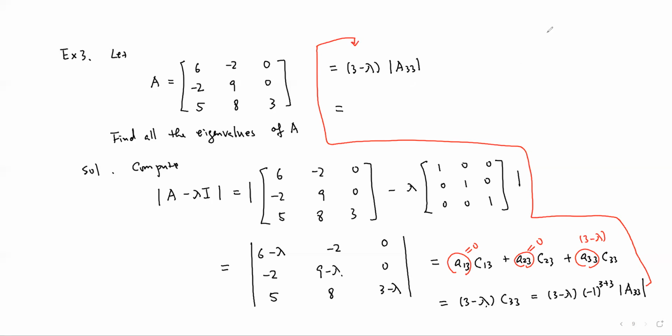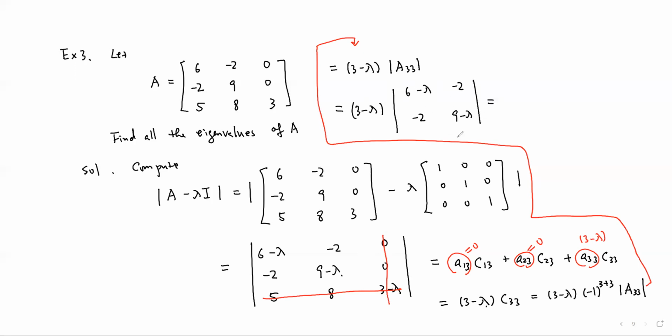Now capital A33 is obtained from the original matrix by deleting row 3, column 3. So this is 3 minus lambda times the determinant of 6 minus lambda, negative 2, then -2, 9 minus lambda.